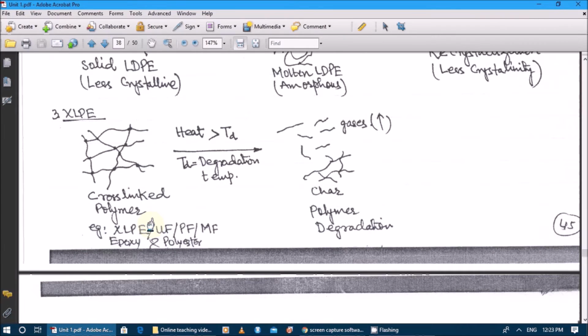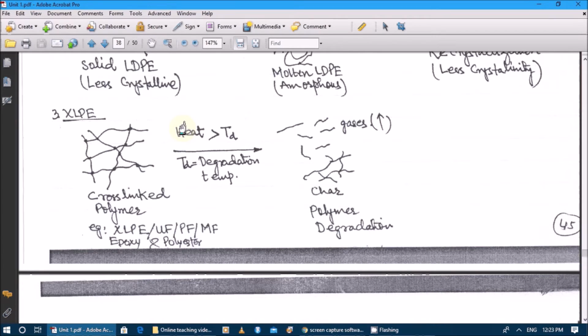And in the third case, XLPE, you can see XLPE is a cross-linked polymer, and like XLPE, urea formaldehyde, phenol formaldehyde, melamine formaldehyde, epoxy and polyesters are also having cross-linked structure. And once they are cross-linked, if we again try to heat them, they will not melt again.